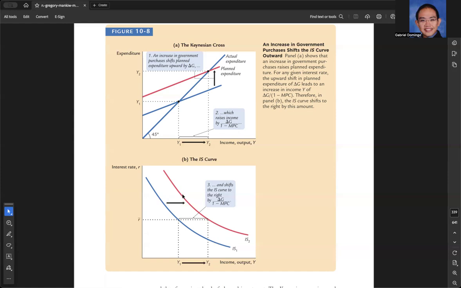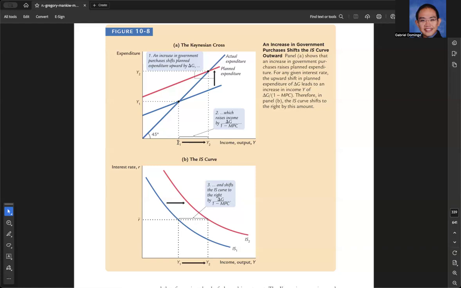So a shift in the planned expenditure through fiscal policy here will shift the IS curve to the right. And this is a very interesting and correct bullet point here, that it will shift the IS curve to the right by exactly the change in G times the multiplier, which is 1 over MPC, because that's how much Y will change here in the Keynesian cross.